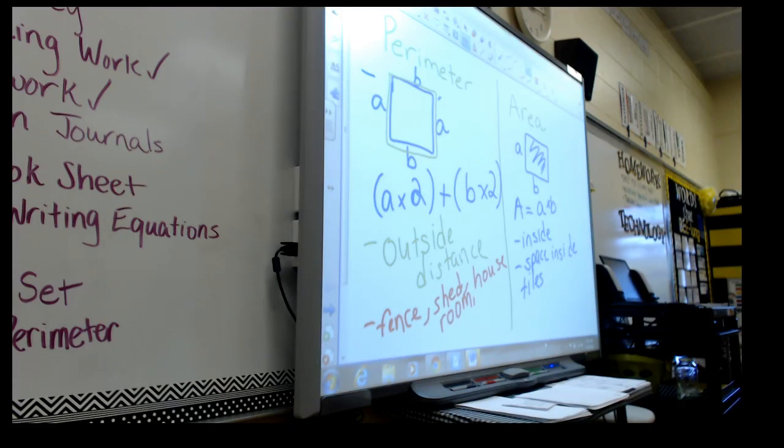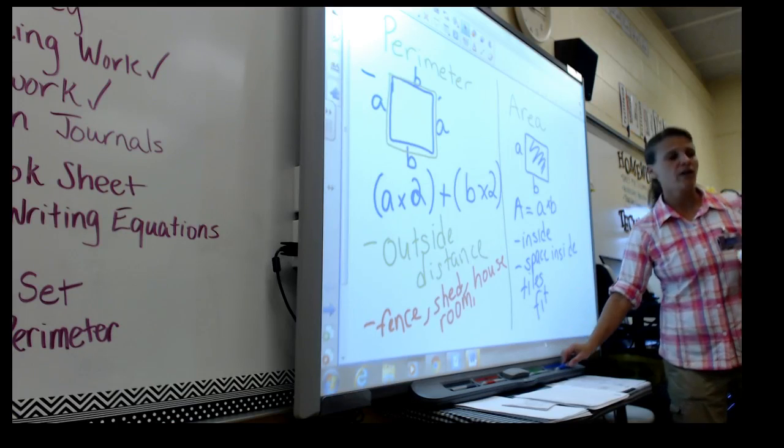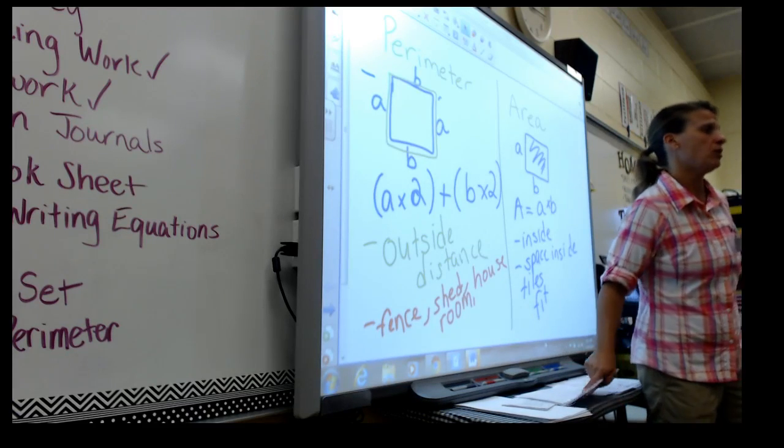Yeah. Okay, Mary Margaret. Luke, please stop. Okay, to kind of know how things will fit. That makes sense. So area and perimeter are both pretty important, and you have to be able to know how to find them.